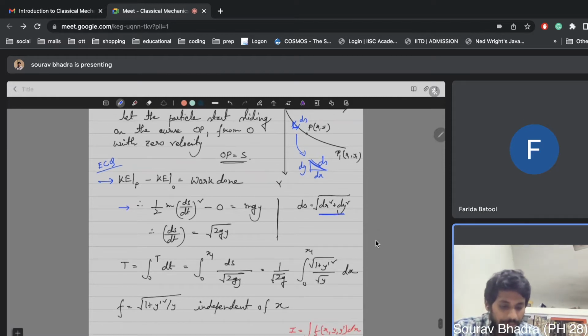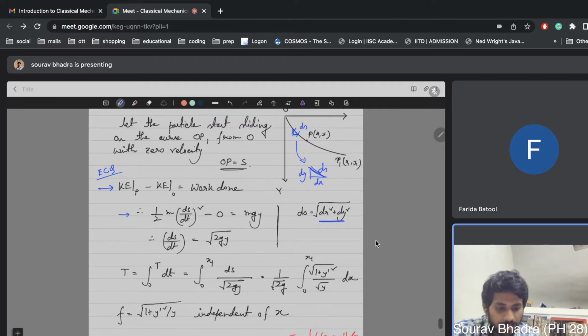The time we are interested in, let us say capital T, is the integral of dt from 0 to t. This dt can be expressed in terms of length from the energy equation, because it tells us dt equals ds by the square root of 2gy. I have substituted that in place of dt, and the integration limit will be 0 to x1, because our ending point P1 is at (x1, y1).